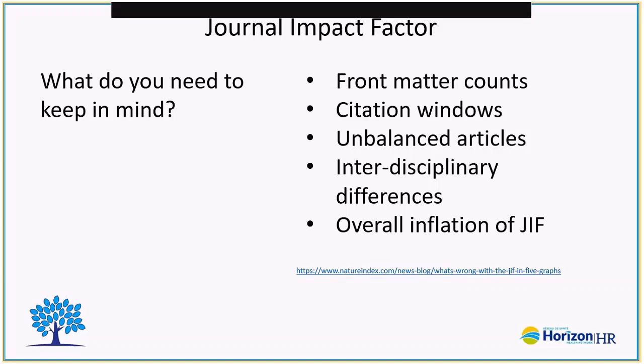And it was said that about 70% of papers, I think it was 2016, fell below the number of citations for the impact factors. So a few papers can make a big difference.